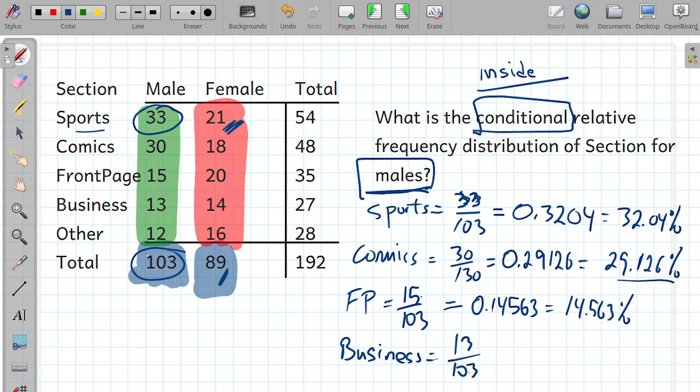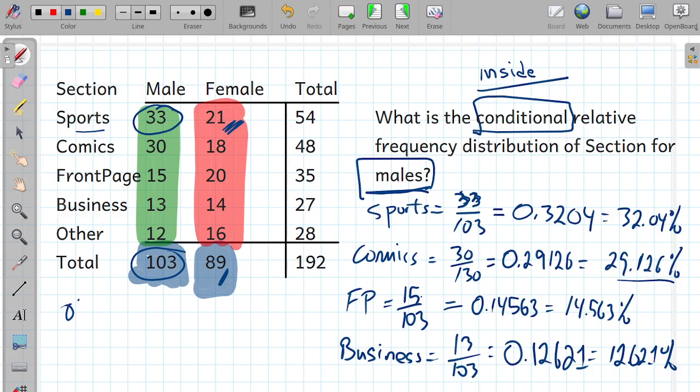Well, we can do that. That's 1, 2, 6, 2, 1, which is 12.621%. And that just leaves us one left, and that's other.